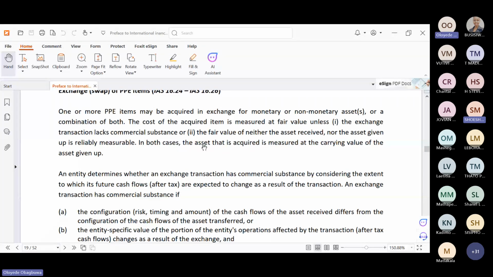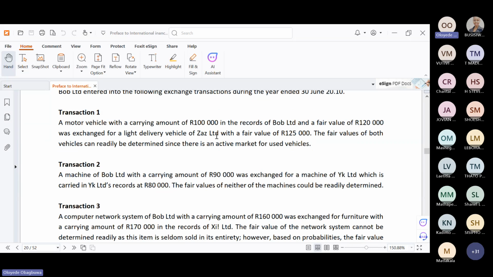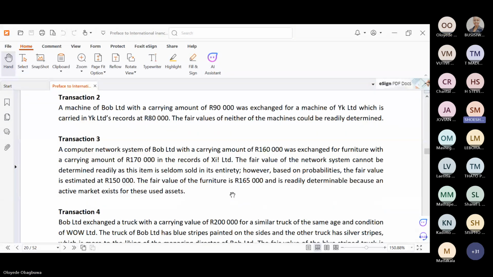But if the fair value of neither the asset received nor the asset given up is reliably measurable, in both cases the asset acquired is measured at carrying value. But we can see in this case that one of the assets is determined, it can be measured at fair value. So if it can be measured at fair value, then the issue of carrying value is not going to come on board. So here I believe that Bob will be able to measure the furniture at 165,000 in his books.